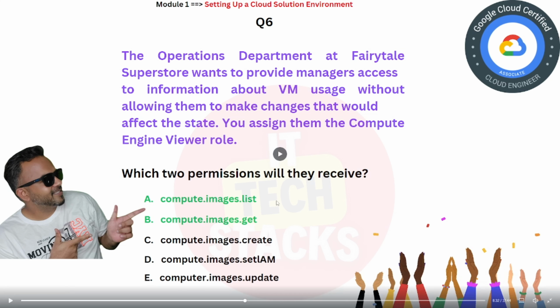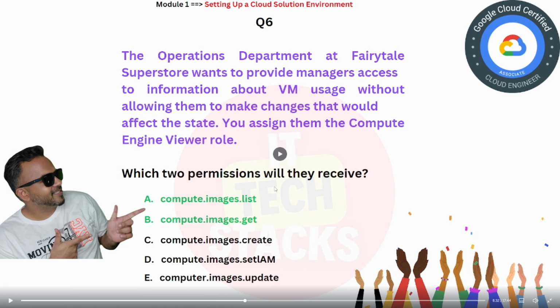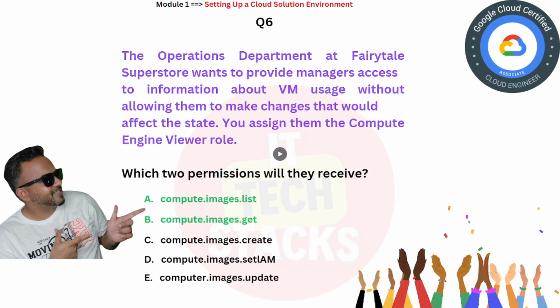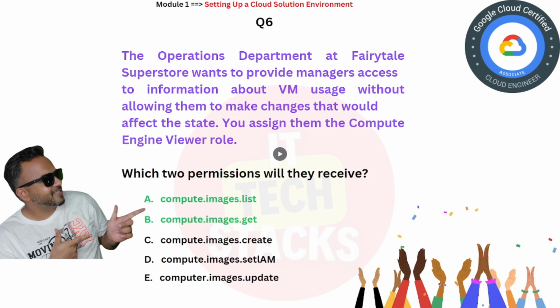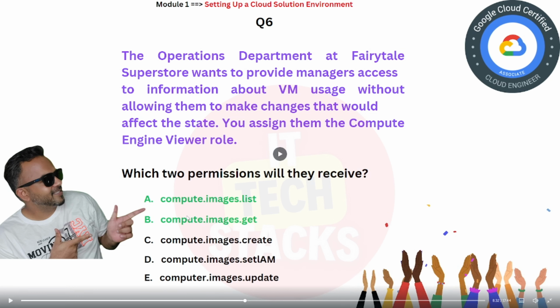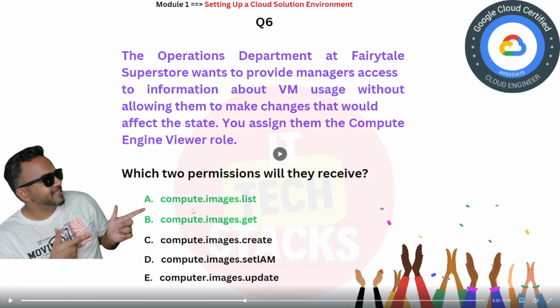If you assign them list and get access, that will solve the problem. So options A and B are the correct answer. Those who have answered correctly, congratulations to them.